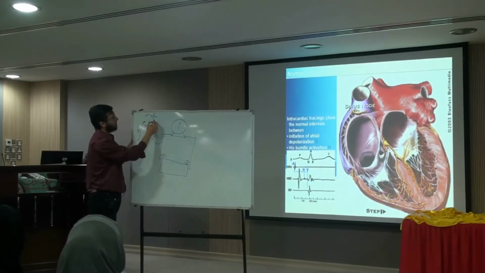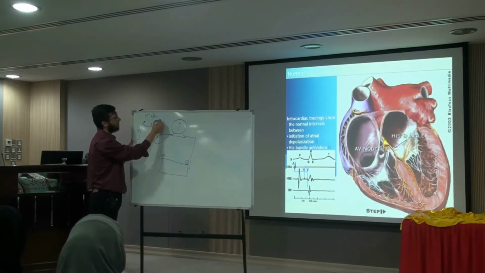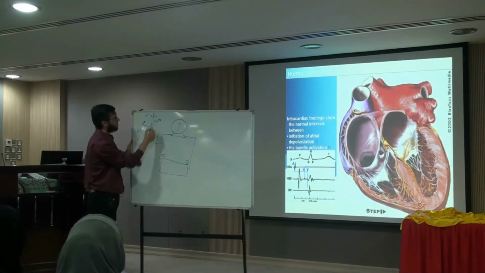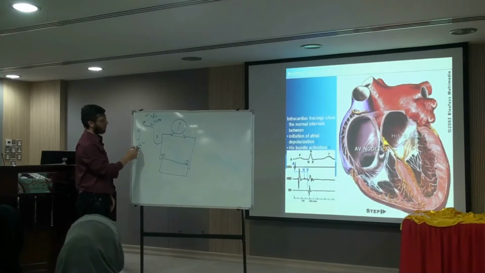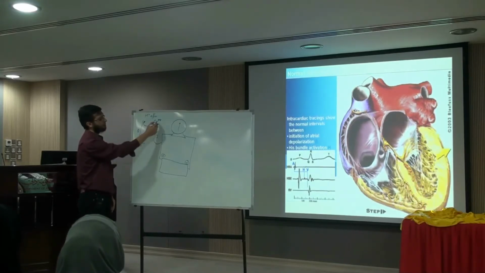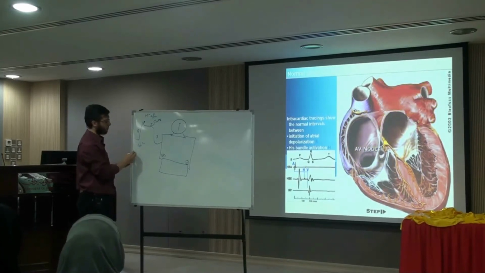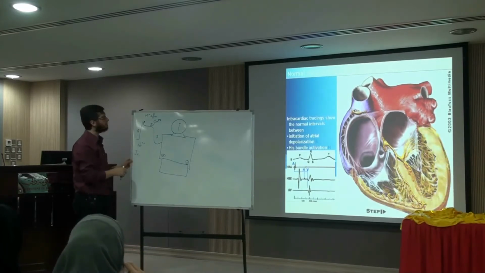Potassium efflux. Then you have here the calcium influx at this point. So actually what you have is sodium, 2 alphabets, calcium, 2 alphabets, so they have 2 positives. These 2 positives do influx.